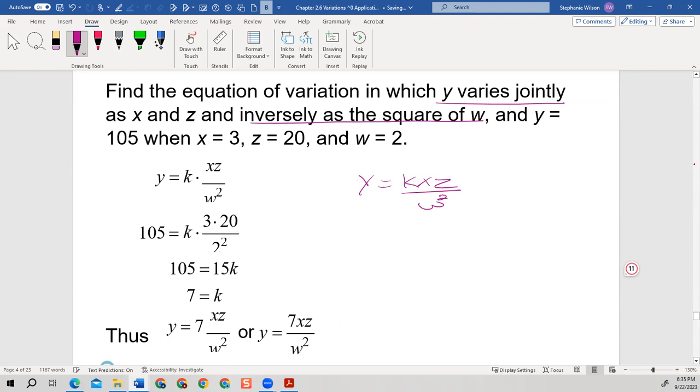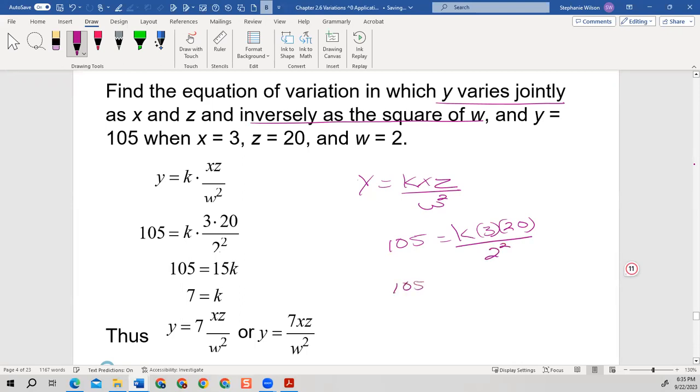Now let's plug in everything we know and solve for k. So we know y is 105. Then we got k times xz, and x is 3, z is 20, and then w is 2, and we're going to square it.